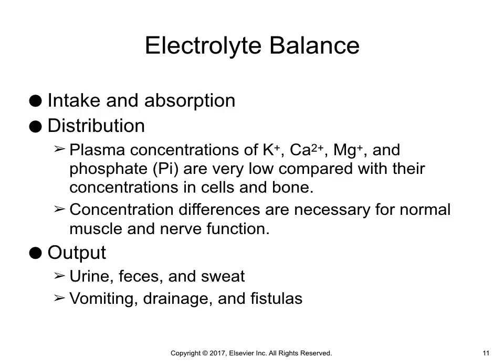When electrolyte output increases, electrolyte intake must increase to maintain electrolyte balance. Similarly, if electrolyte output decreases, as with oliguria, electrolyte intake must also decrease to maintain balance. Please review Table 42-4, Electrolyte Intake and Absorption, Distribution, and Output, as a supplement to this PowerPoint.